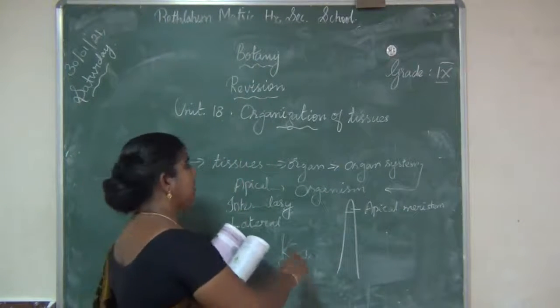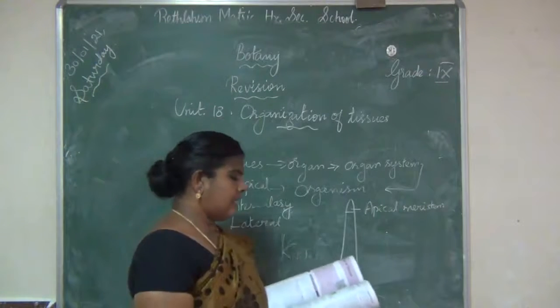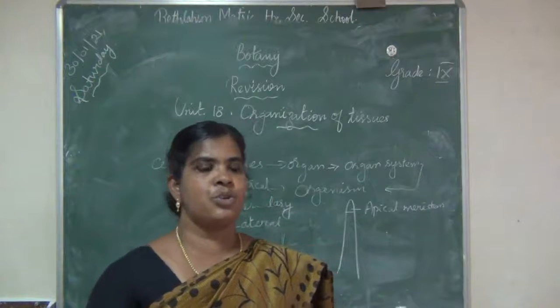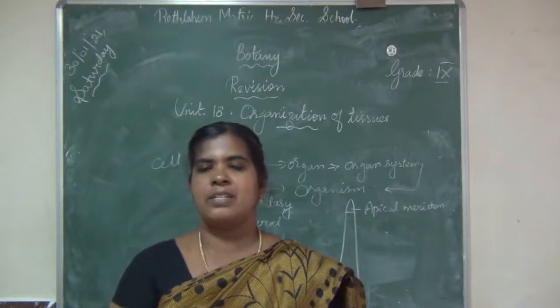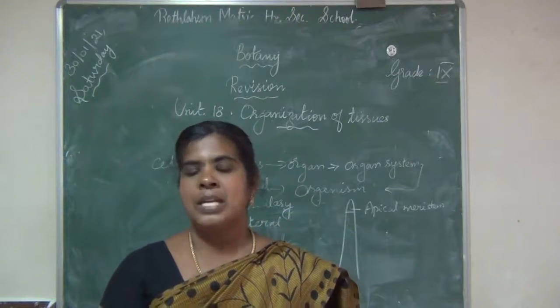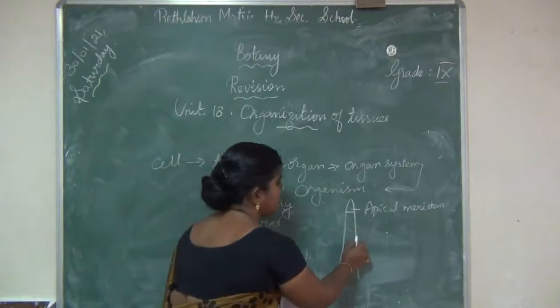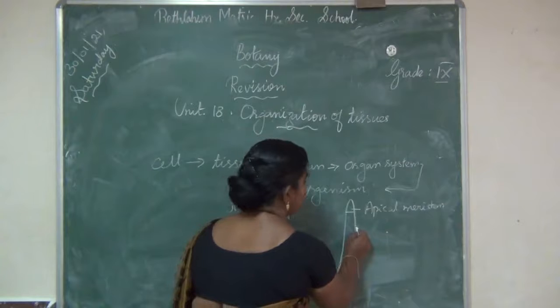Here the intercalary meristem is present in between the region of the permanent tissues and is part of the primary meristem. It is found at the base of the node. Suppose here there is a leaf, here there is the node.